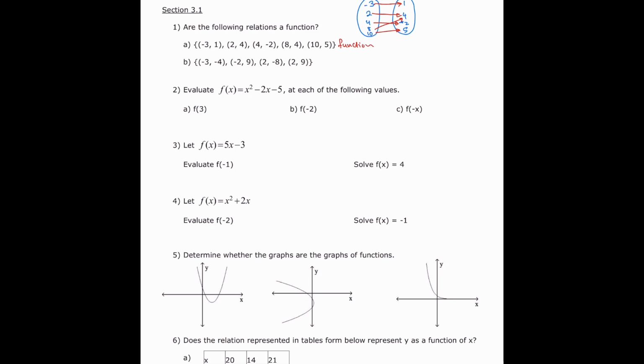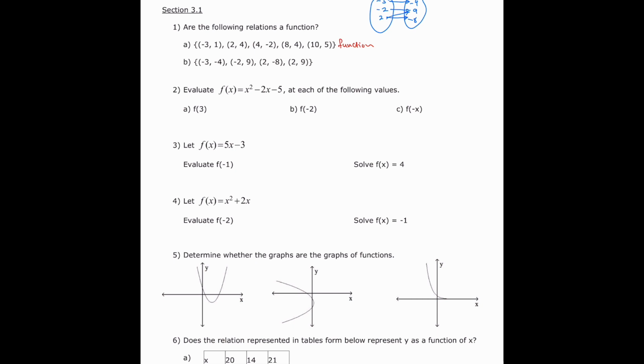And I now can erase my work and test the second relation. So I'm going to create another correspondence. -3, -2, 2, and then the range is -4, 9, -8. -3 is mapped to -4, -2 is mapped to 9, 2 is mapped to -8, and 2 is mapped to 9.